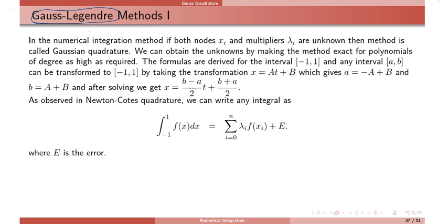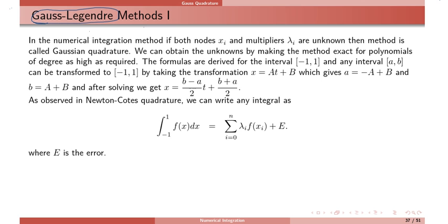In the previous lecture we studied Newton-Cotes formulas like the trapezoidal and Simpson rules. What was the idea?